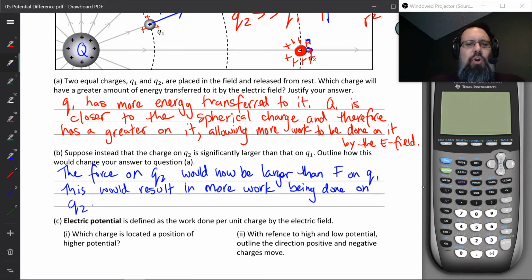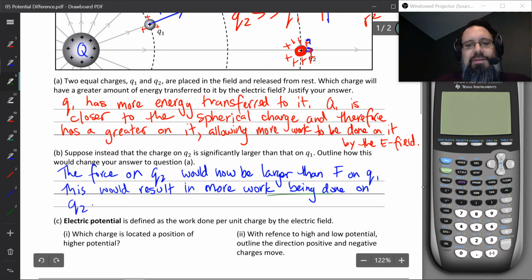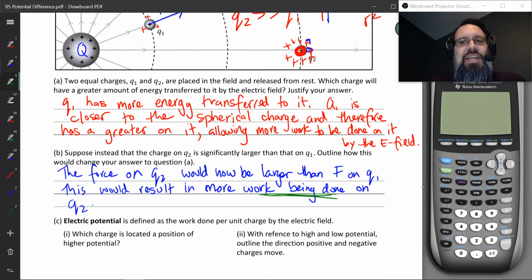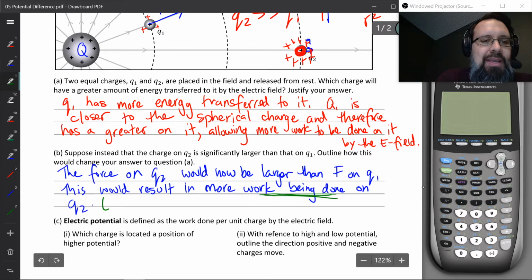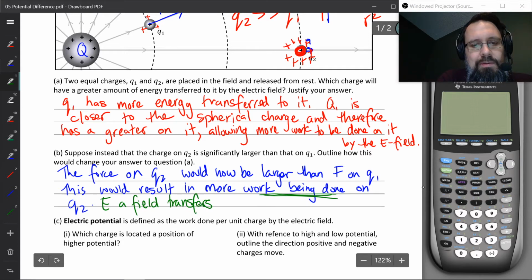When I say work being done, what I'm really talking about is energy. So what we're saying is that the energy that the field can transfer depends on distance and charge.